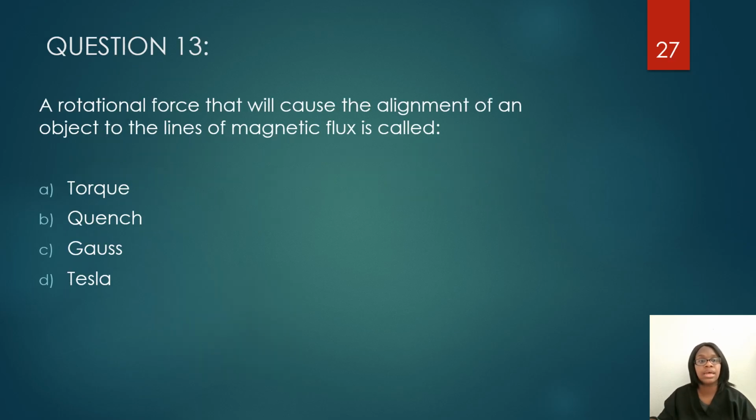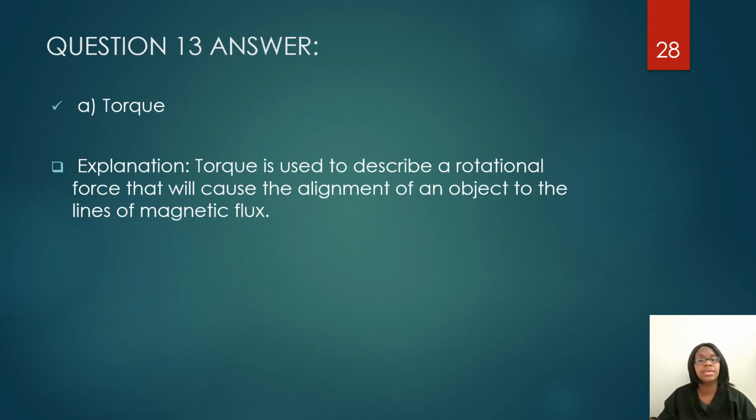Question 13. A rotational force that will cause the alignment of an object to the lines of magnetic flux is called a torque, quench, Gauss, or Tesla. Torque.